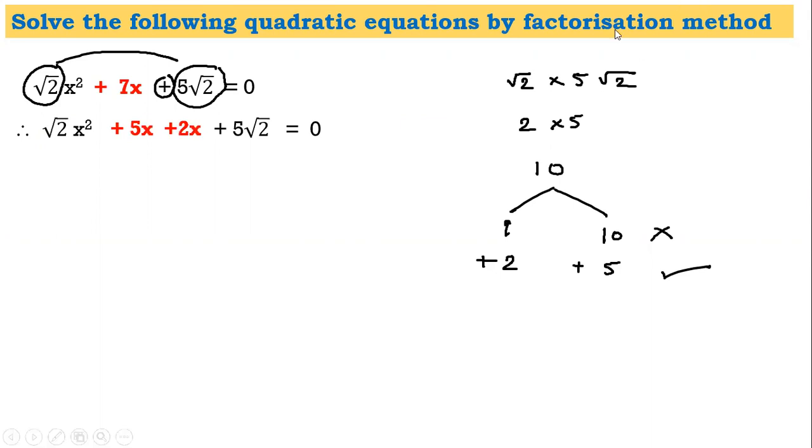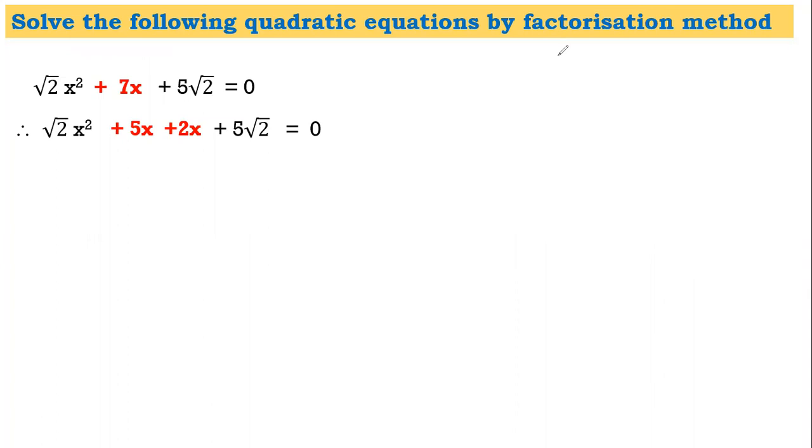Now let us try to take common, students. Now you can use different ways. You can be very smart. I'll just clear off what all I've done so that I have more space to write. So we have two groups now. I'll just take common for both of them. Root 2x square plus 5x. Now see, I have root 2 here.